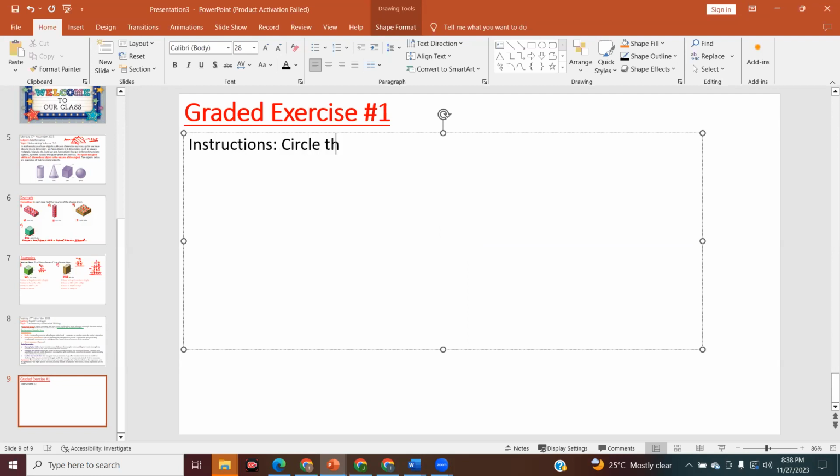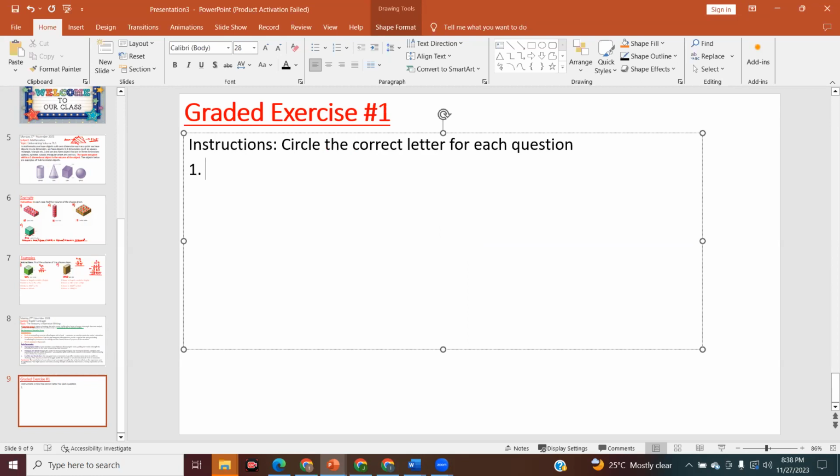Circle the correct letter for each question. Make sure when you're doing these questions, write the question and the options, please. I don't want no one asking me, oh, Mr. Petit, should we write the options? Yes, write the options. Don't just write the question and the answer.